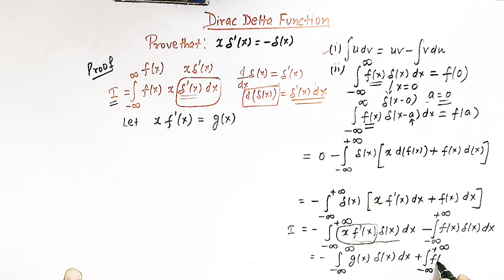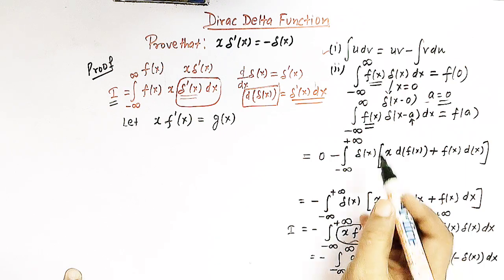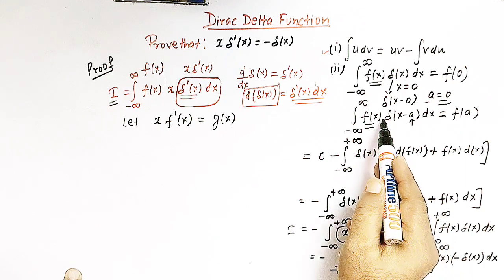and here we can write the positive sign, and the integral from minus infinity to plus infinity of f of x, and we can combine this negative sign with the delta function, so we have minus delta of x. Now this integral can be evaluated through this property.